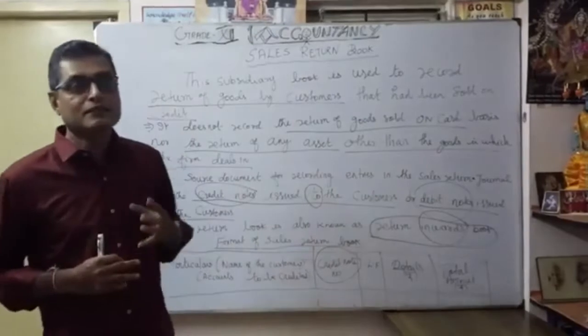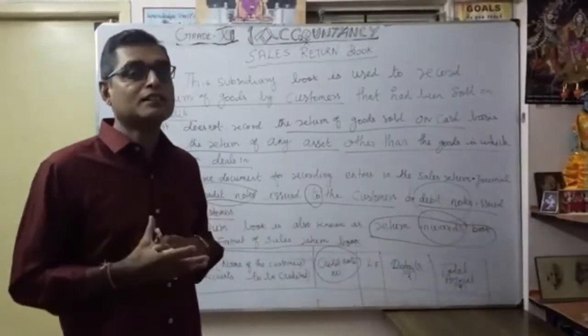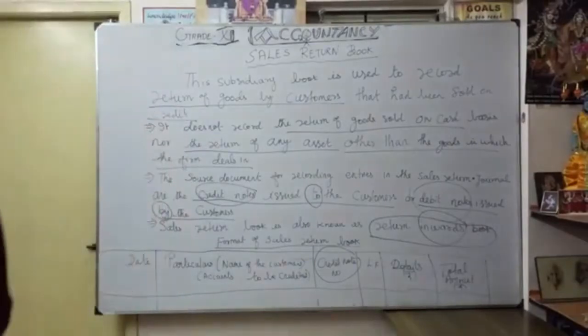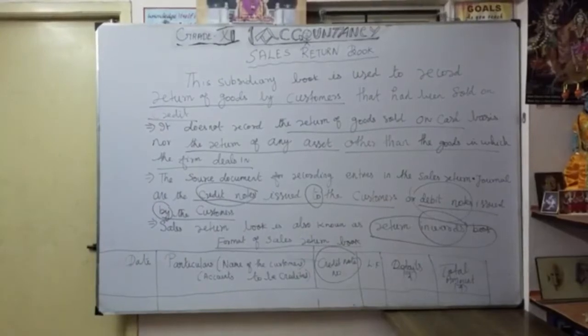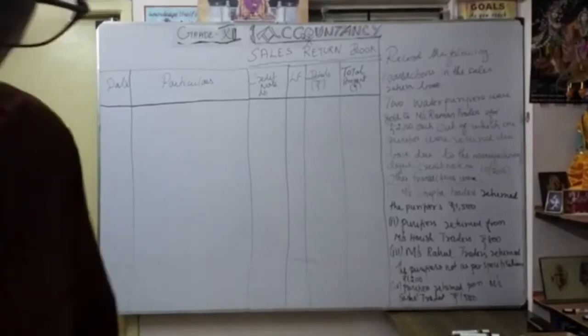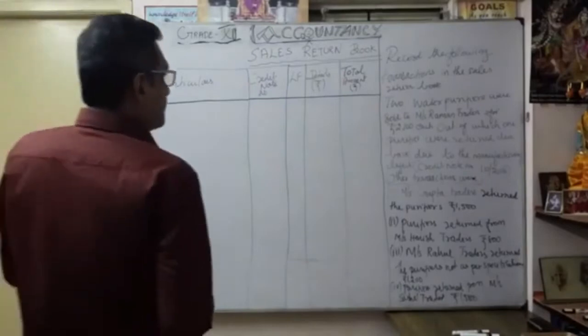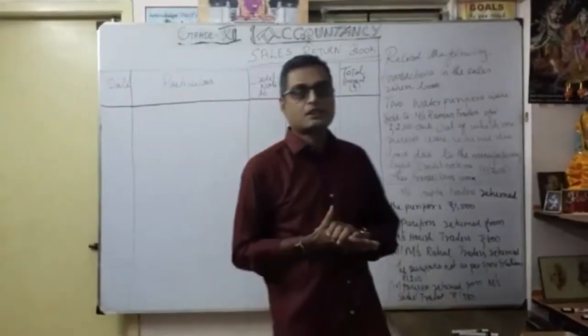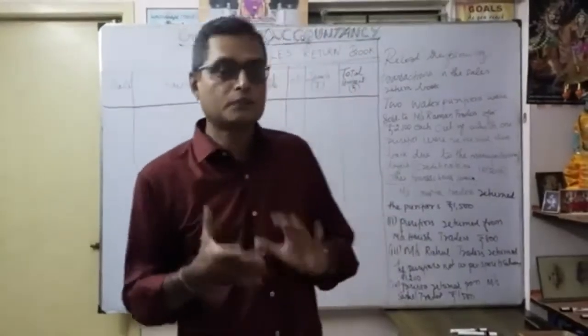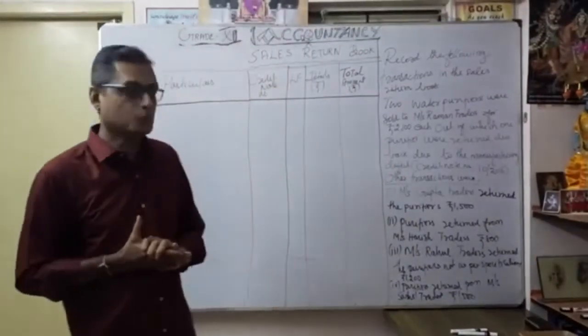Now let's see with an example how the sales return book can be maintained. Now see exercise 1. Let's see one example, with the help of which we are going to learn how to record in the sales return book.